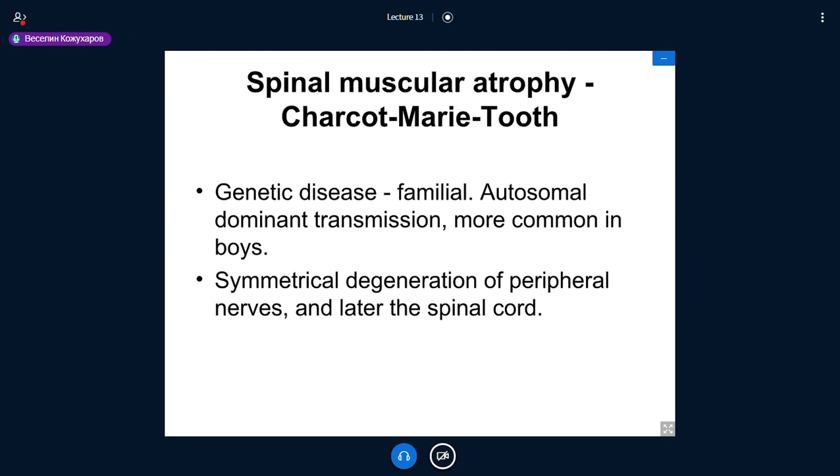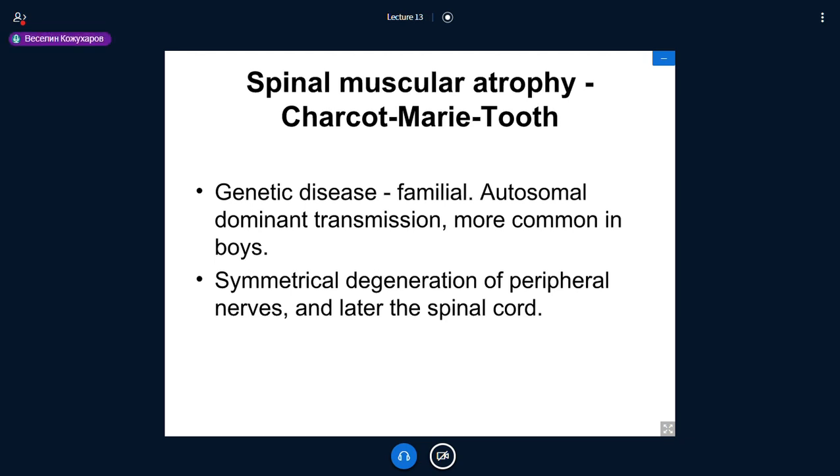Actually, this disease has autosomal dominant transmission, and it is more common in boys, but sometimes affects girls too.